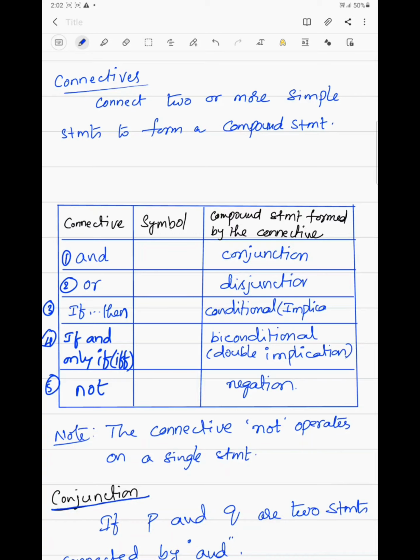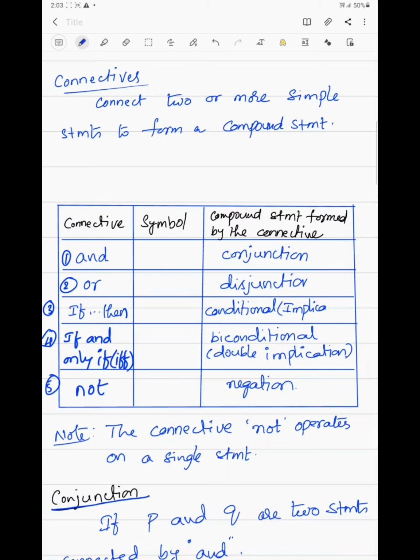What is the meaning of a connective? The name itself defines it. Connective means it is connecting two or more sentences. Correct?